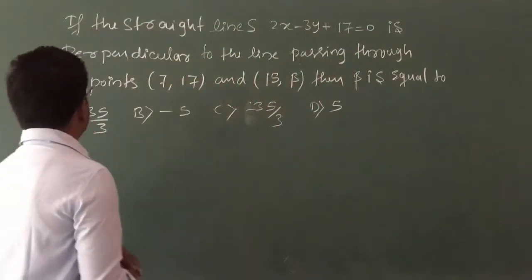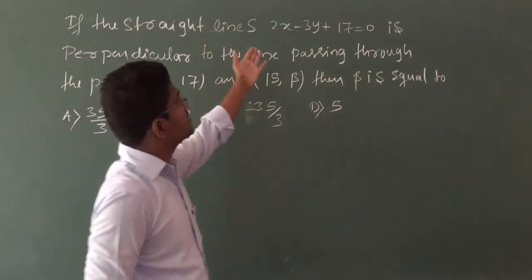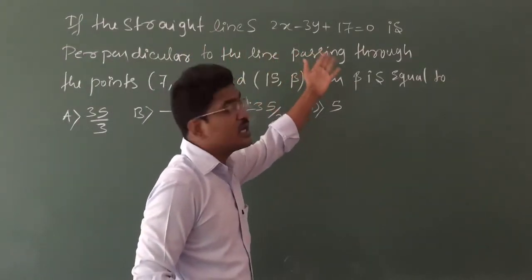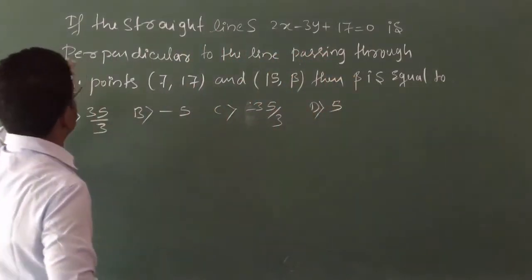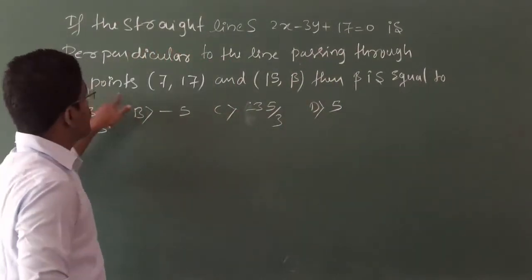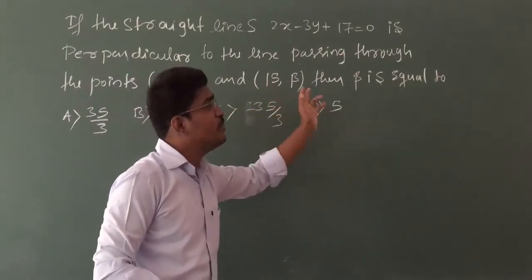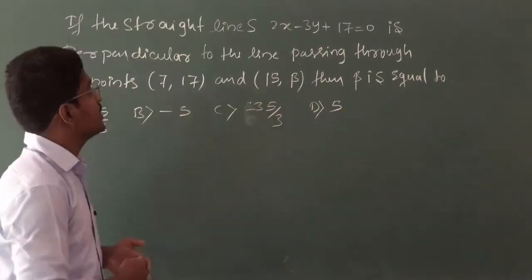Clear? So here what they are asking, if the straight line 2x minus 3y plus 17 equal to 0 is perpendicular to the line passing through the points (7, 17) and (15, beta), then beta is equal to what they are asking. Okay.